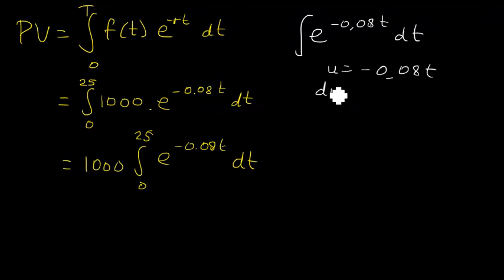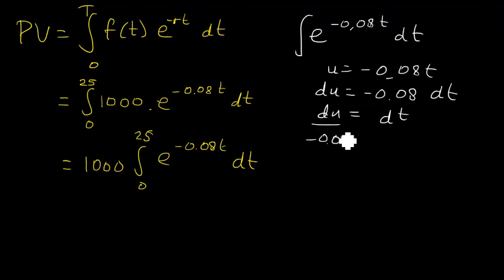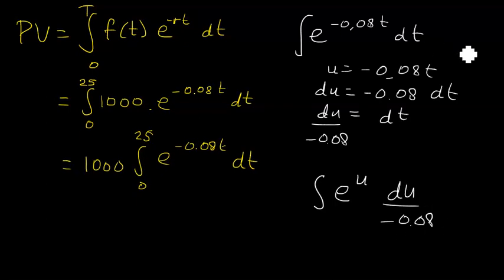If we want to find du, it becomes minus 0.08 dt, and therefore dt is du over minus 0.08. So let's return to this integral. We have e to the power of u, and dt we can change into du over minus 0.08.